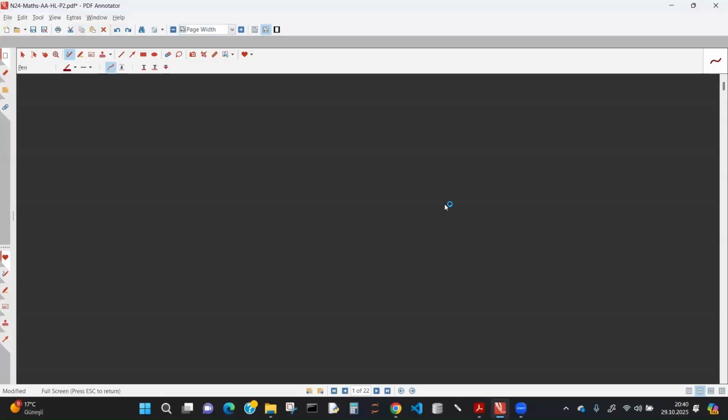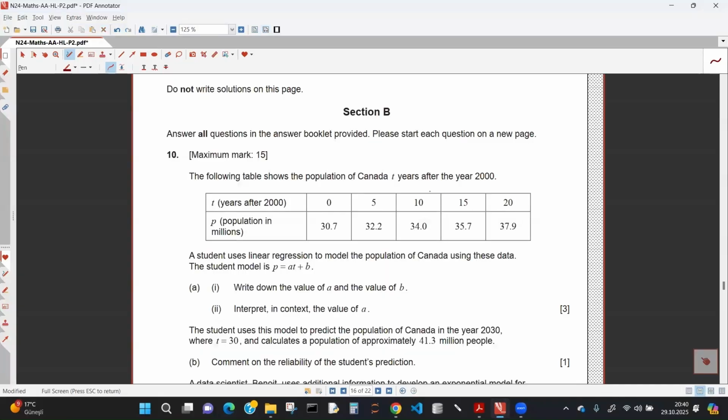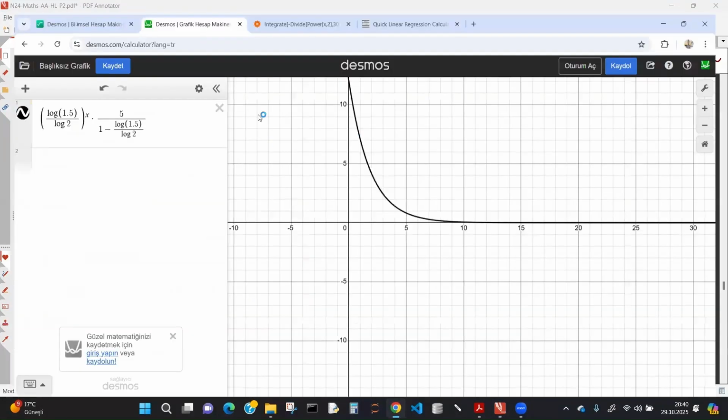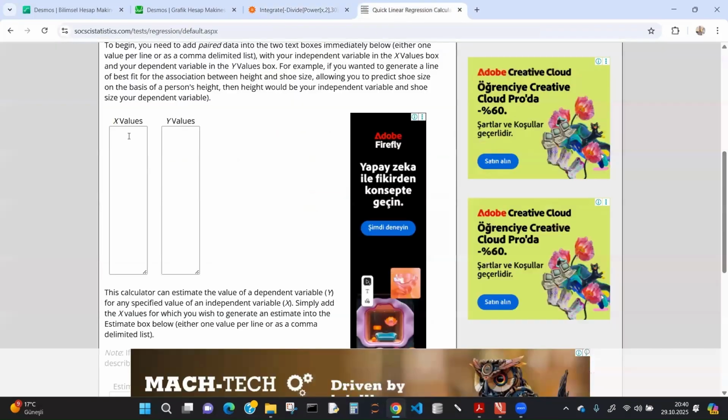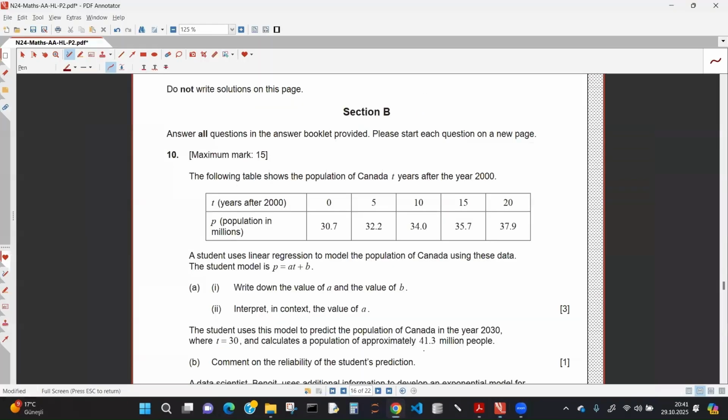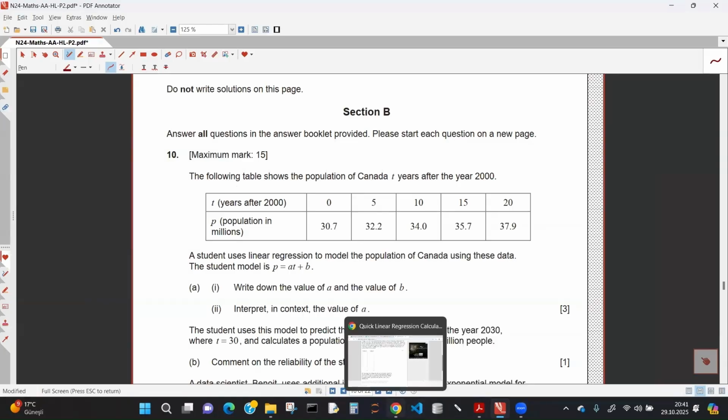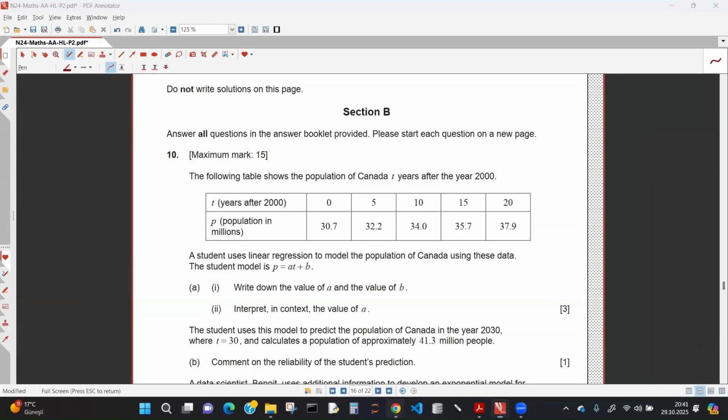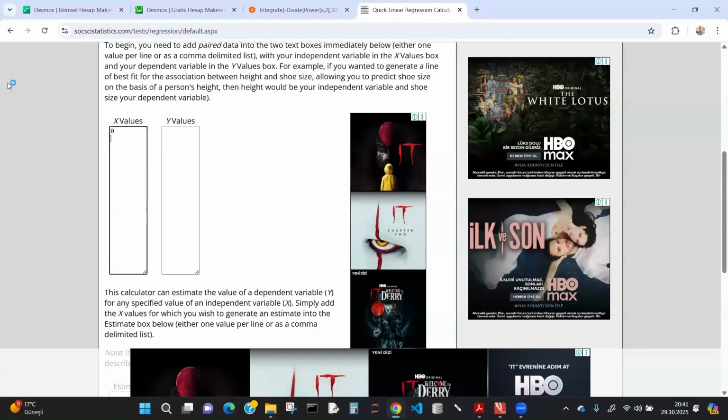So to find the linear regression model, you can calculate it on your TI-Nspire GDC. The X values are 0, 5, 10, 15, 20.